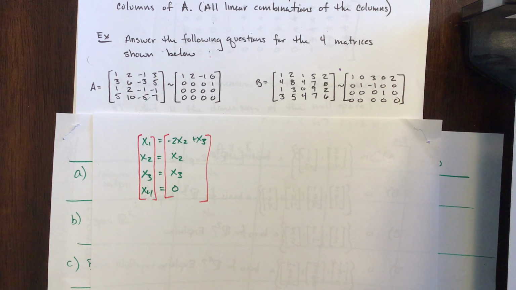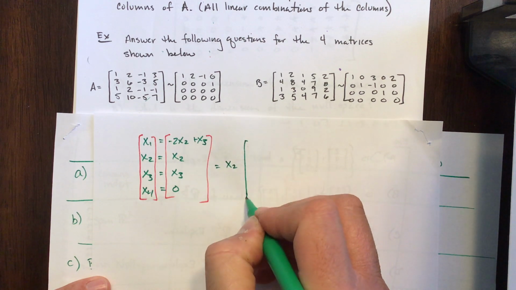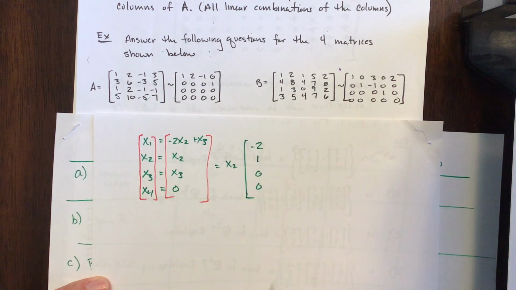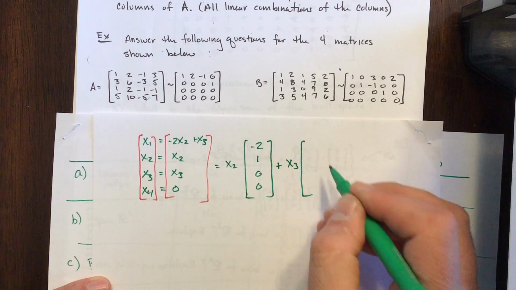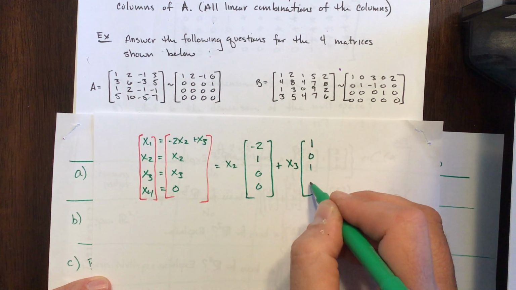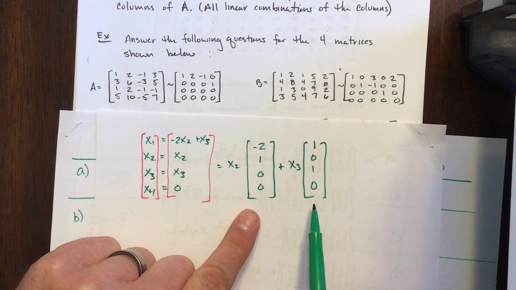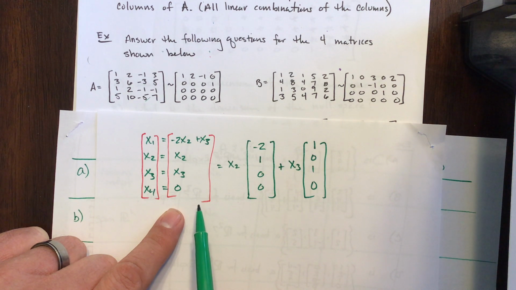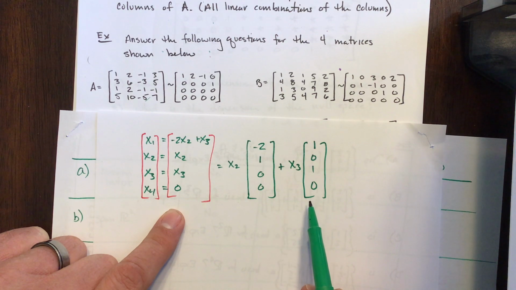So reworking this, we can write this as a linear combination of two vectors: a scalar x2 times the vector negative 2, 1, 0, 0, plus a scalar x3 times 1, 0, 1, 0. Any linear combination of these two vectors is going to produce a vector like this, and any vector like this, when multiplied by the matrix A, outputs the 0 vector. So these two vectors form a basis for the null space of A.